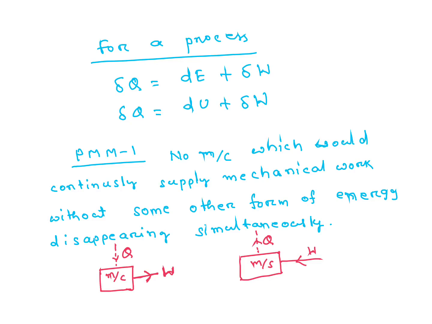Vice versa also not possible. If it is possible, then that machine is called as PMM1, perpetual motion machine of first kind. It violates first law of thermodynamics.